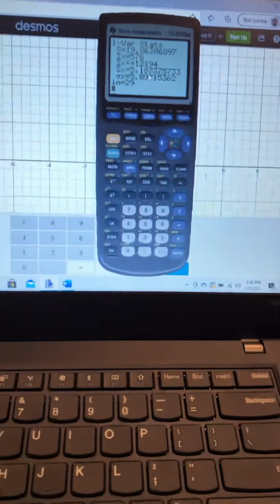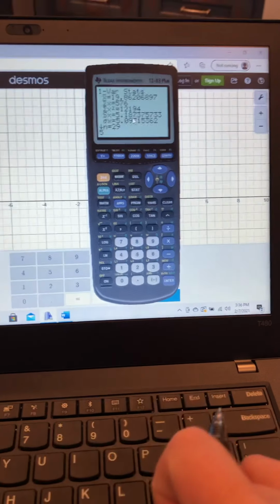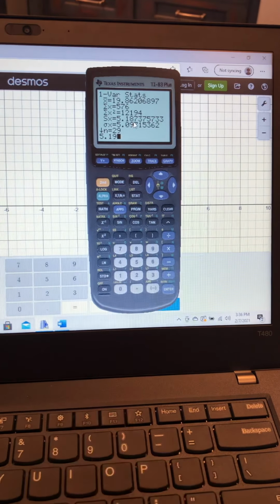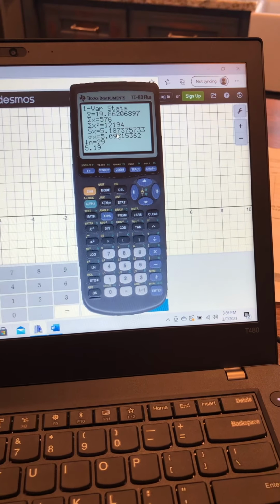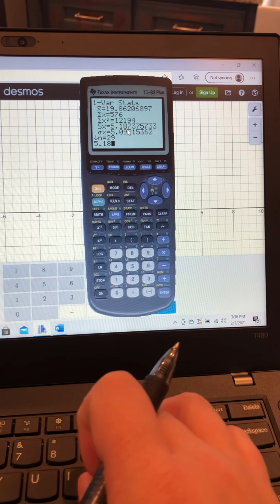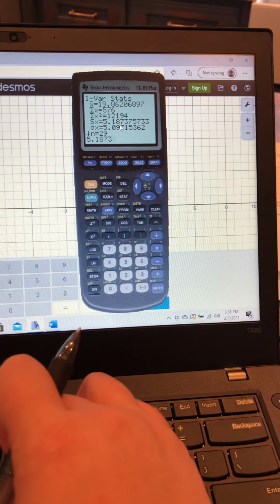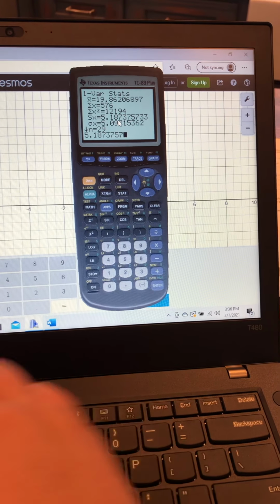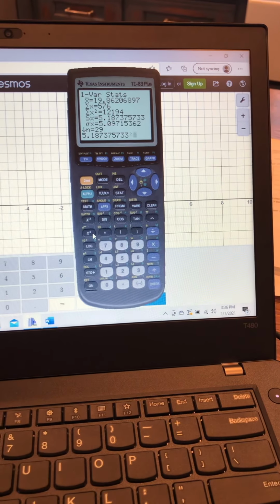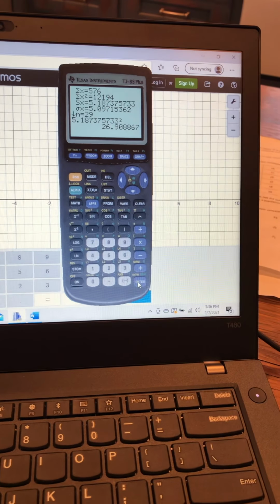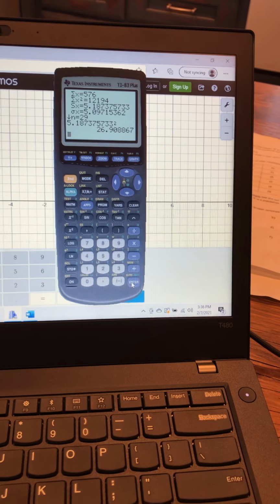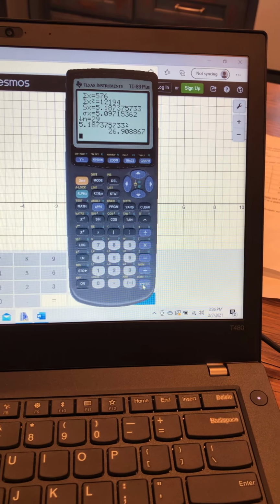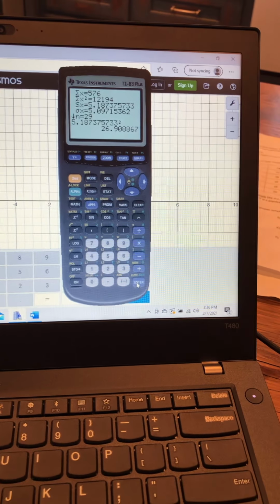And then S squared, if I do that squared, 5.187375733 squared, it should be 26.91. Did I type that right?